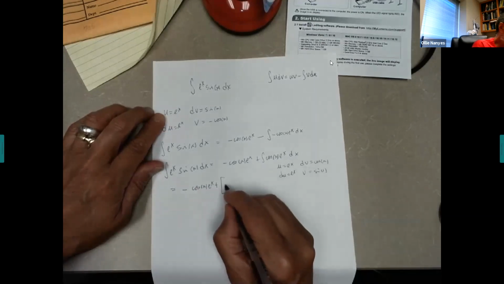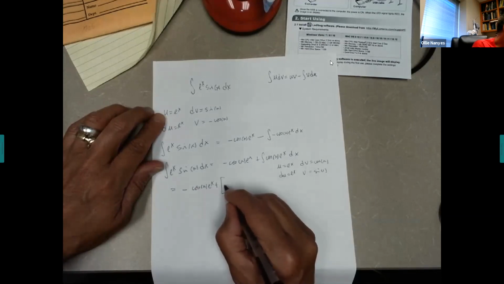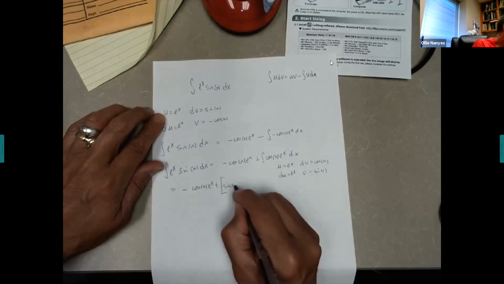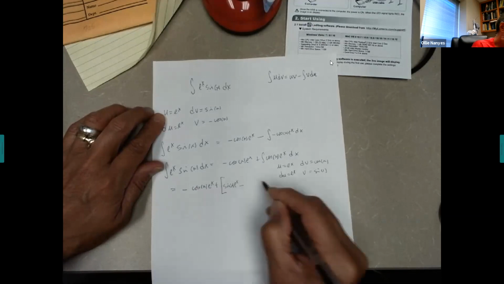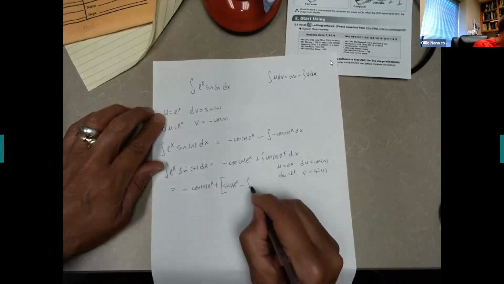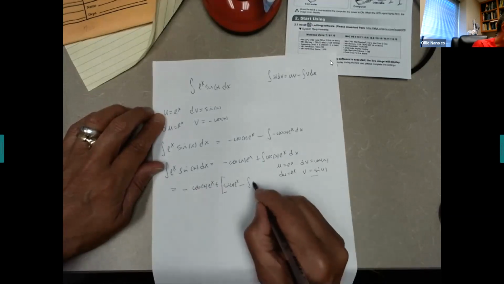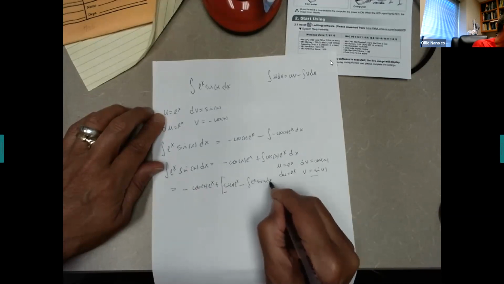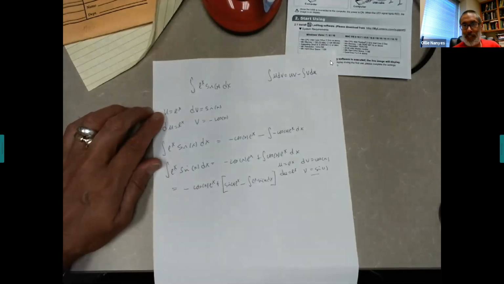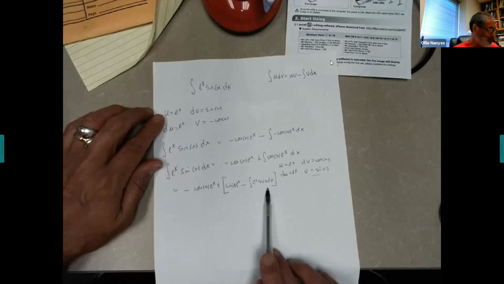What we get out of this is uv minus the integral of v du, so it's going to be minus the integral of e^x sin x dx. Now, what's interesting here is, remember, we have this parentheses.